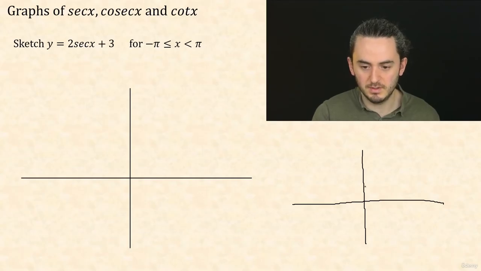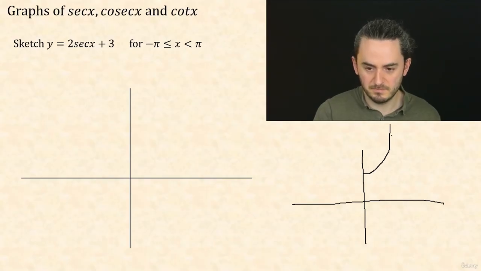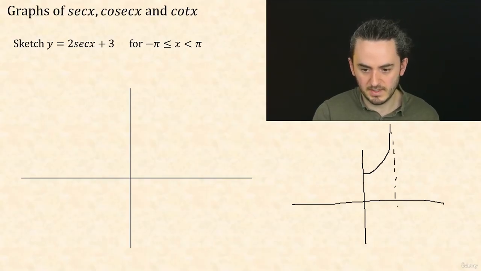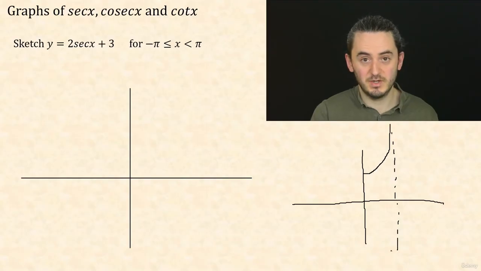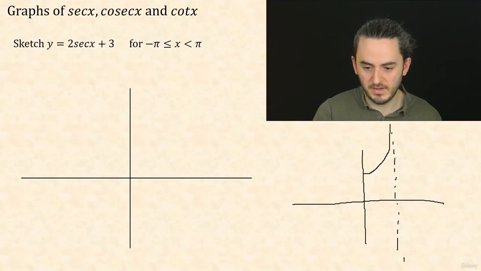So rather than a y-intercept of 1, it's a y-intercept of 2. And we're going up to infinity, and then we've got an asymptote at, well, it would be 90 degrees, but it's pi over 2 radians, and then back here, and, well, actually, I'll just stop there because that's pi radians.